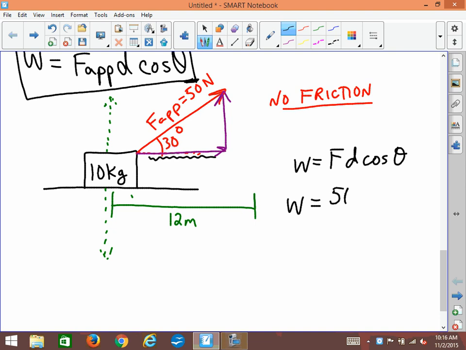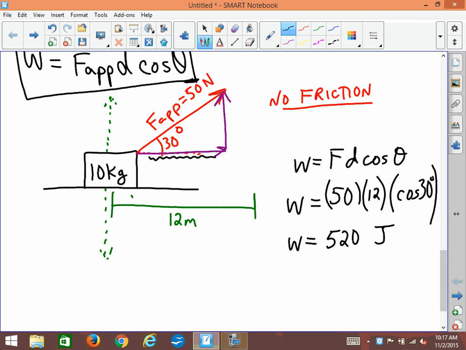It's 50 newtons of force multiplied by 12 meters of displacement, and then it is cos of 30 degrees. And if we put all that together and multiply it, 50 times 12 times cosine of 30 equals about 519.6, we'll just say 520 joules. Unit for work is joules because work is an expression of the change of energy, so it's still joules.